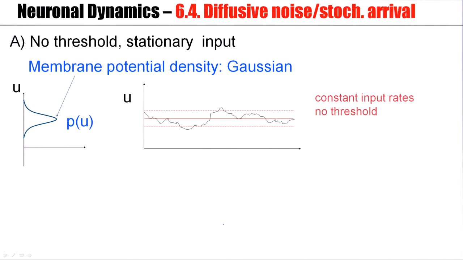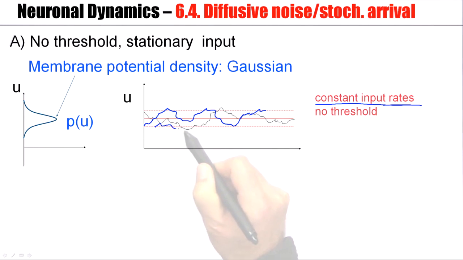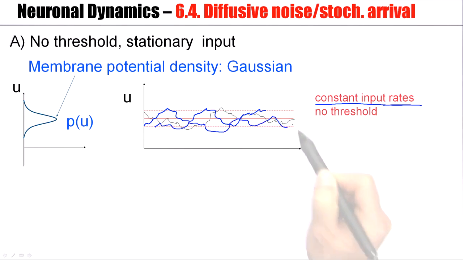Suppose for the moment that the input is stationary. This could be a constant deterministic input, or you can think of constant input rates with Poisson spike arrival. And as before, there's no threshold. Then I have a distribution of membrane potentials. And in each trial, it's a slightly different trajectory.